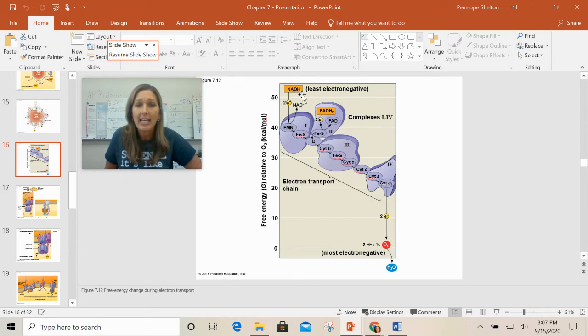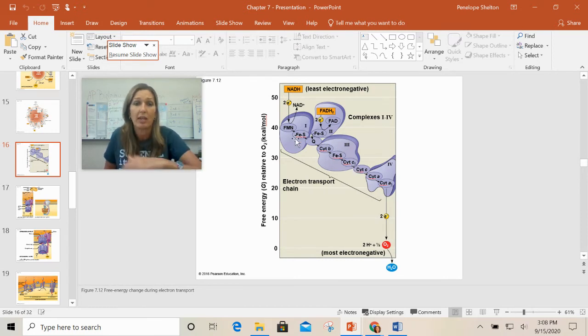NADH is going to pass off its electrons to this first protein. This is actually just a series of oxidation reduction reactions. These electrons are going to move from a higher energy state to a lower energy state, to a lower energy state, all the way down.